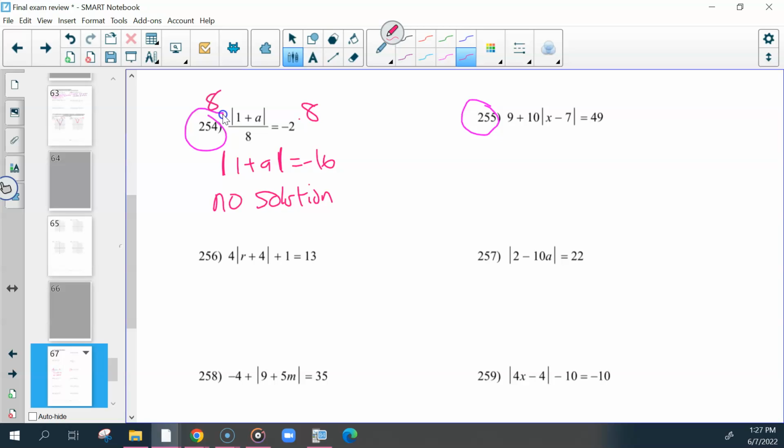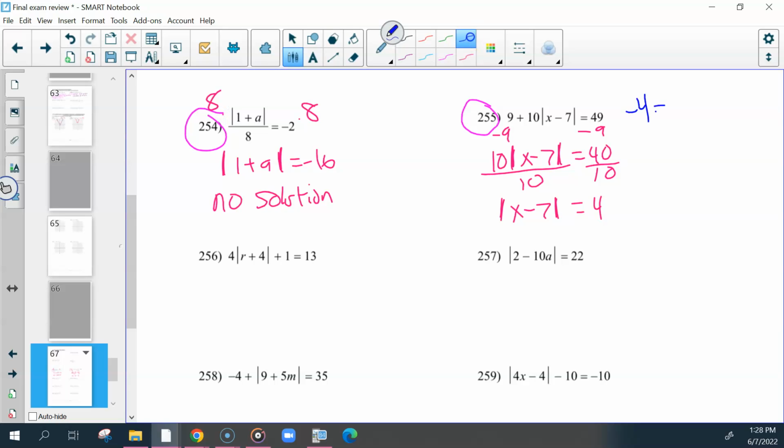For 255, we would start solving this, get rid of 9 by subtracting it. Divide both sides by 10. And now that it's isolated and it equals a positive, we can set it equal to a positive and negative version of 4.